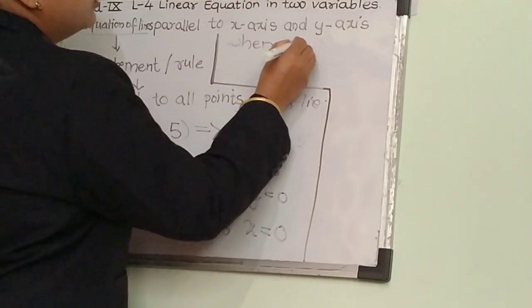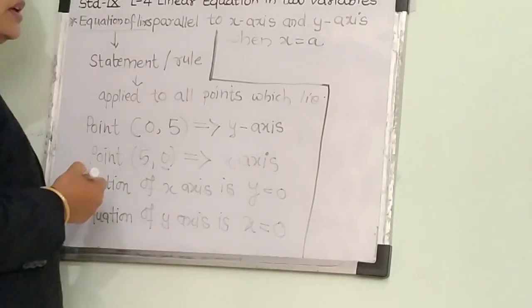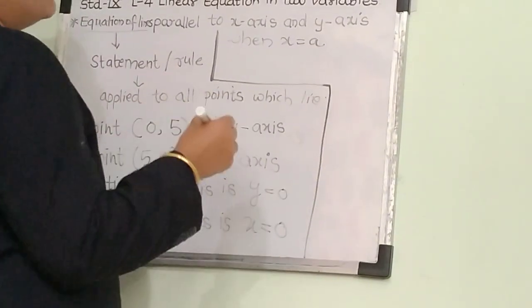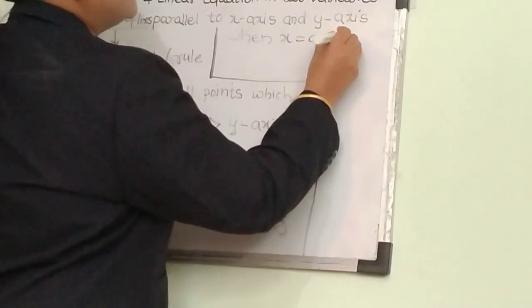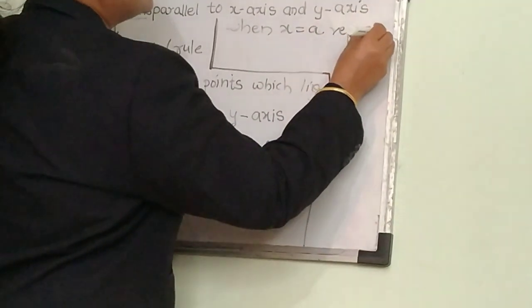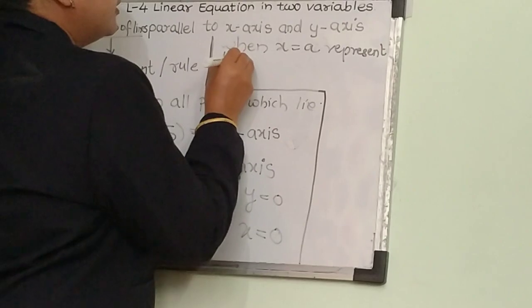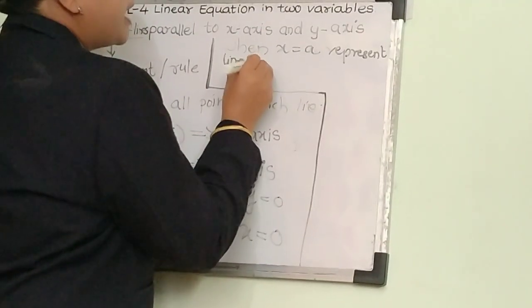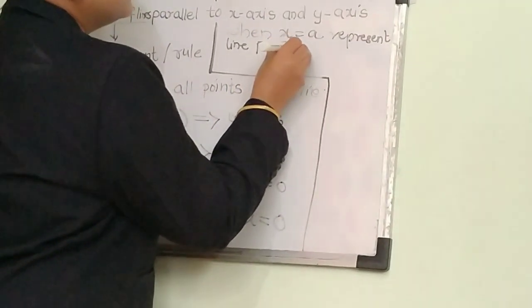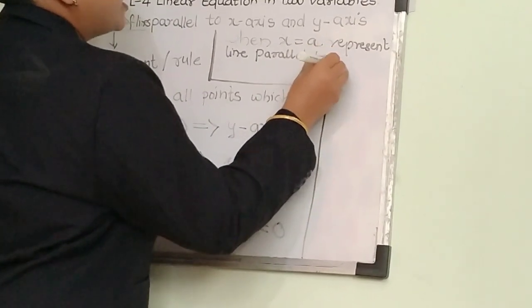From this we can say that if I take x equals a, that represents a line parallel to the y-axis.